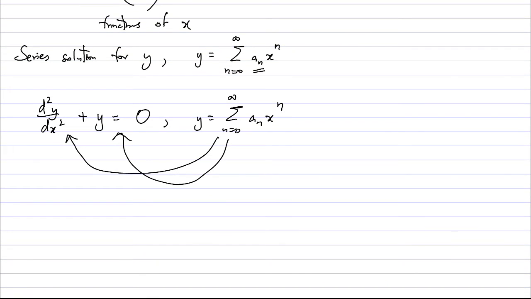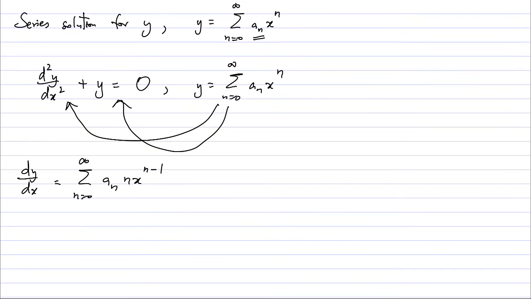First I have to work out the derivative of y with respect to x. Since the derivative is linear, you can take the derivative operation inside the sum. The a_n are constants, and n comes down by the power rule for differentiation, with x raised to power n minus 1.